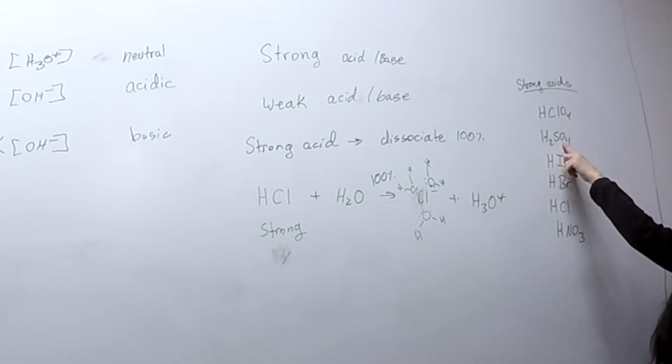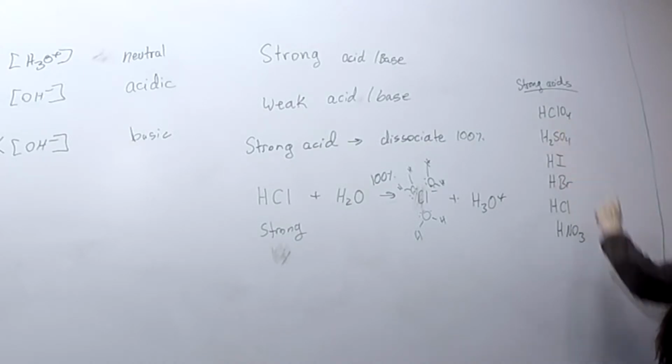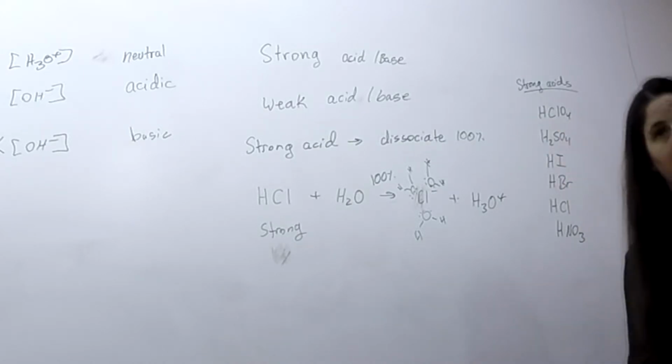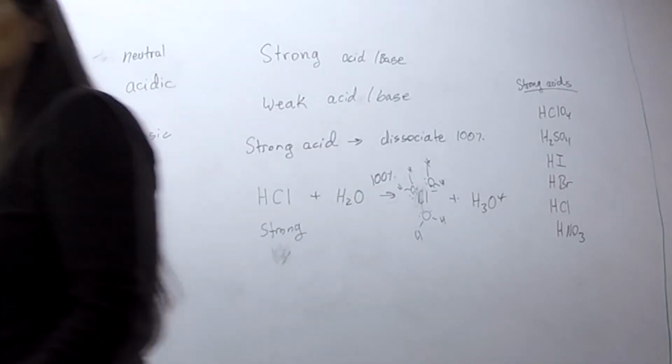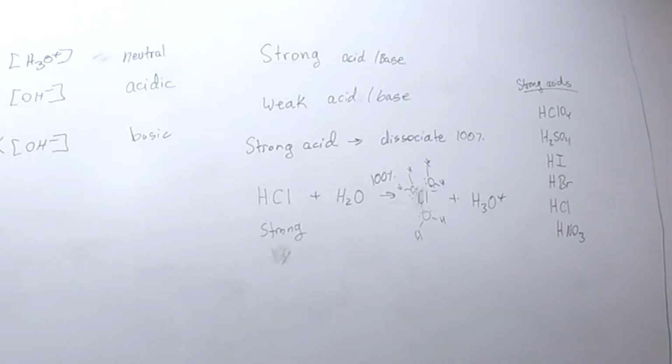This is a sulfate, so this is called sulfuric acid. This is a perchlorate, so it's called perchloric acid. So you drop the end of the polyatomic ion name and you put ic acid. And if it is a halogen, you call it hydro, the halogen's name, ic acid. So hydrobromic, hydrochloric, hydroiodic.